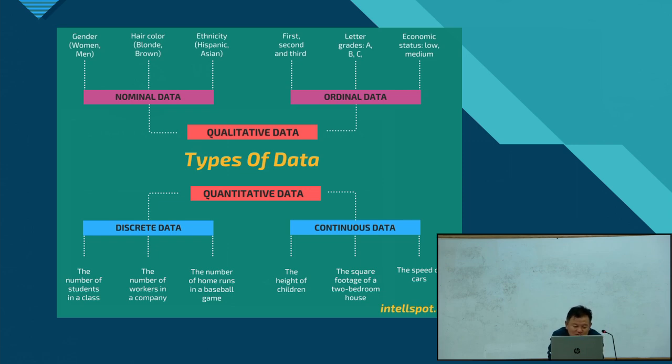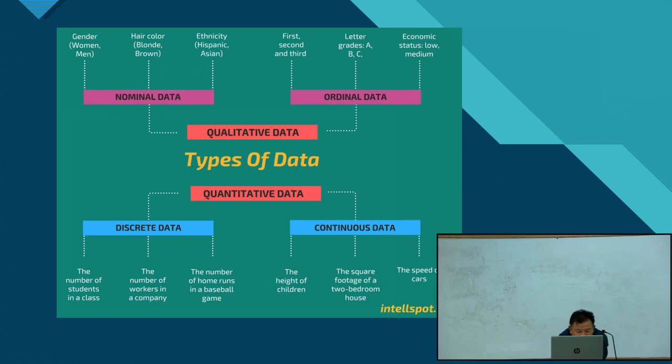So you got letters A or B, grading. This is ordinal data, related to qualitative data. And also economic status, so low, medium, high, or something. This is also ordinal data.